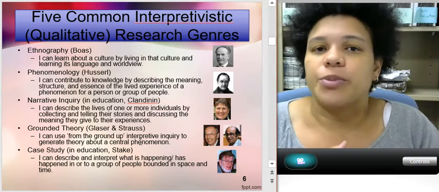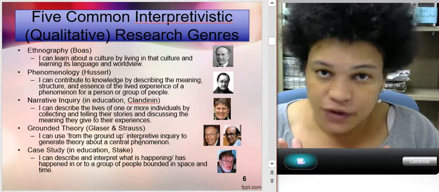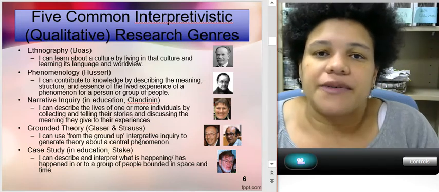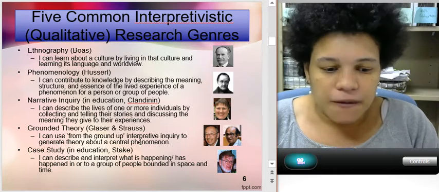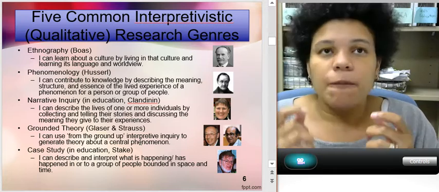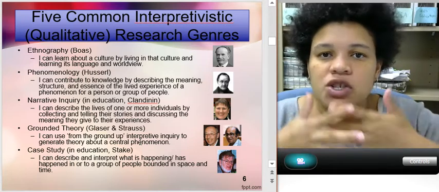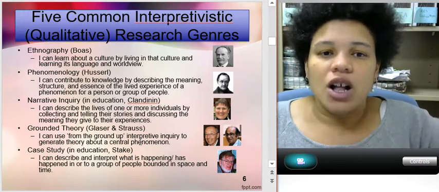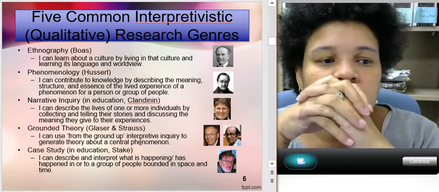Talking with a particular group of people or individual person, right? But grounded theory is different in that instead of being focused on description, it's focused on generation, creating theory, okay?